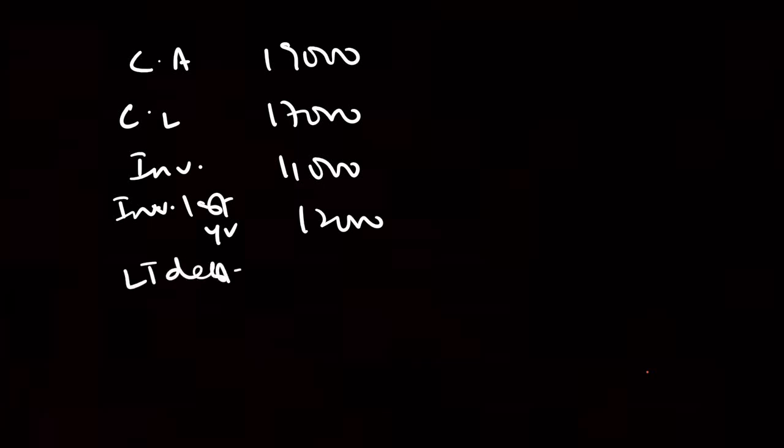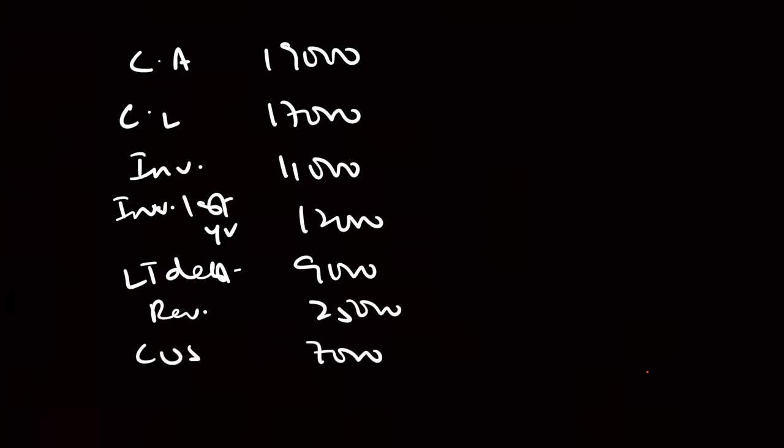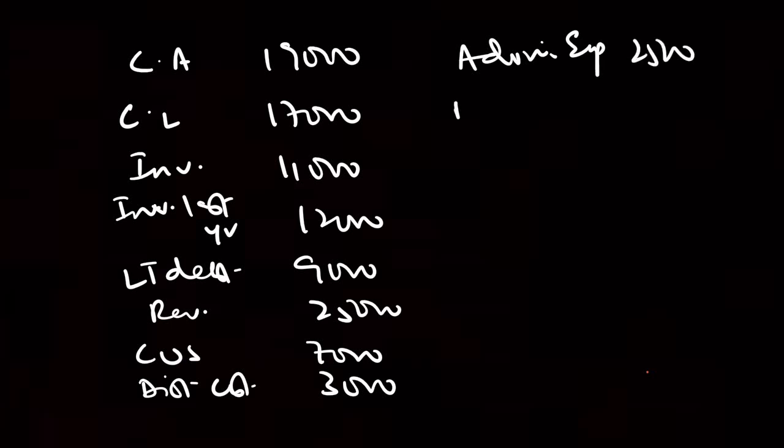For example, if I am saying that current assets are 19,000, current liabilities are 17,000, inventories 11,000, inventory last year 12,000, long term debt 9,000, revenue 25,000, cost of sales 7,000, distribution cost 3,000, admin cost or admin expenses 2,500, and then there is something known as net asset value 80,000.